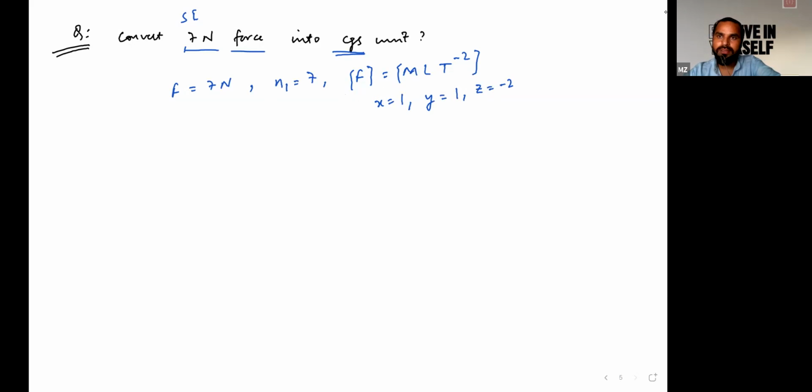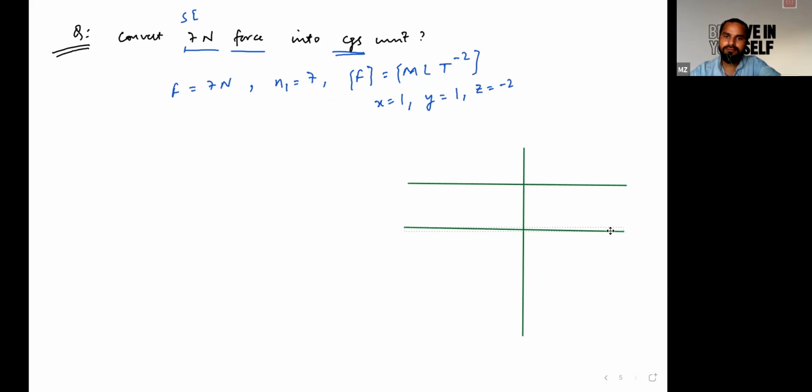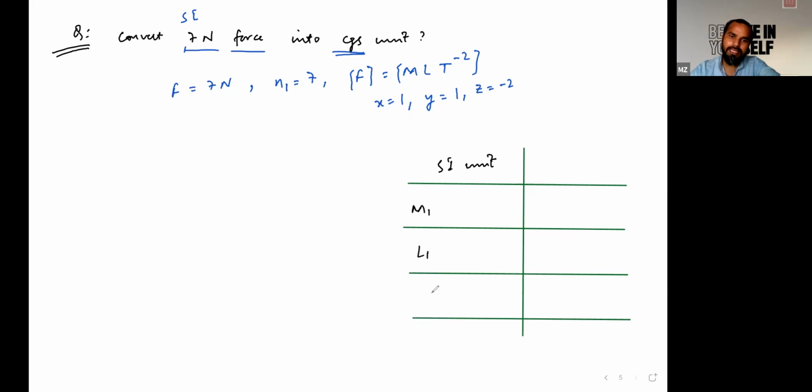Now make a conversion table to convert one quantity into another, like this. On the left-hand side, we have the SI unit, in which mass is in kilogram, length is measured in meter, and time is measured in second.